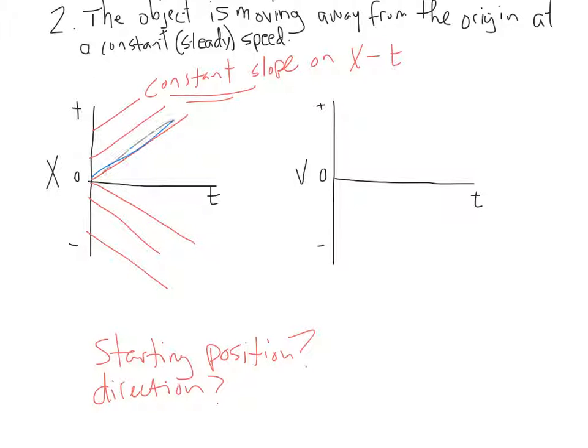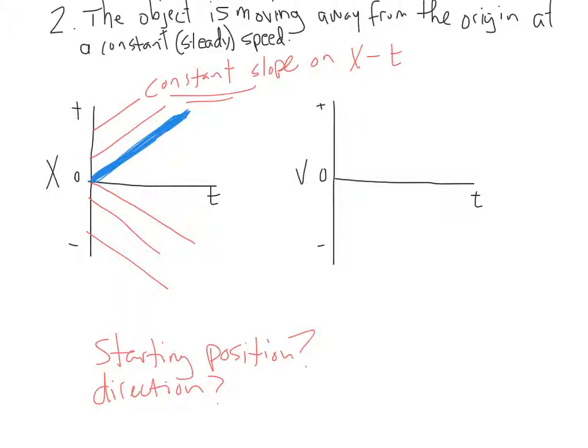I'll say this one right here. That one right there is going to be my graph. So that is the line that satisfies the statement here. I'm going to say that it starts at the origin, and that it's moving away from the origin with a positive velocity, constant positive velocity.